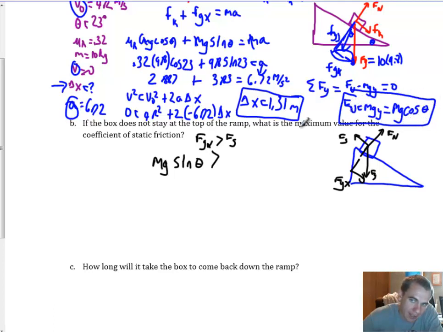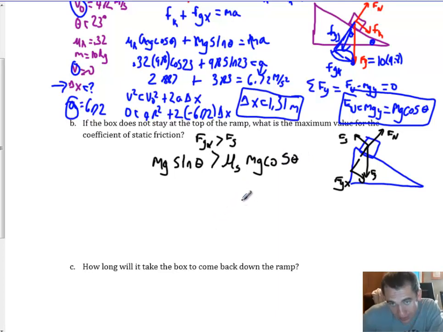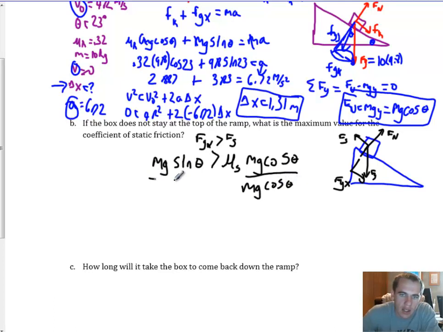We calculated it up above. So this is the static frictional coefficient times mg cosine theta. Okay? And I want to know the angle, which means I need to get the angles by themselves. Okay, so I'm going to divide both sides by mg cosine theta.